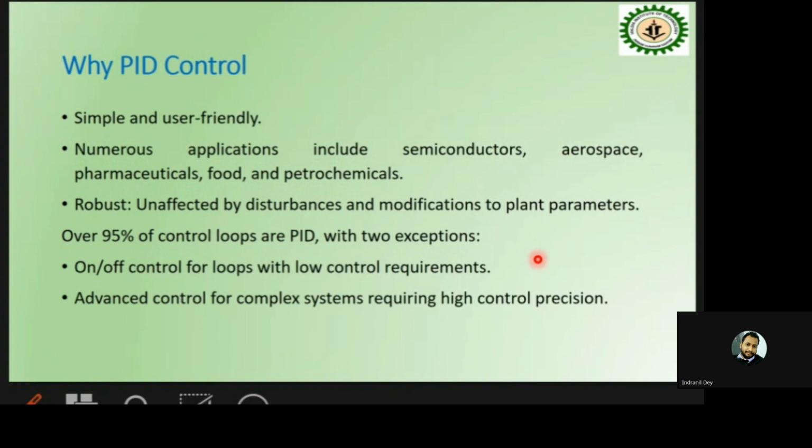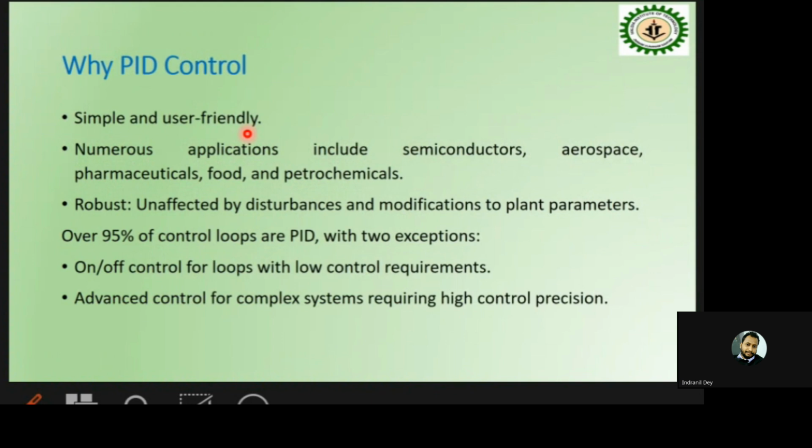Next is, why PID? As I told you, we have many options, easy and complex, to choose a control configuration or control structure. Why should I select PID? Because of its simplicity and user friendliness.